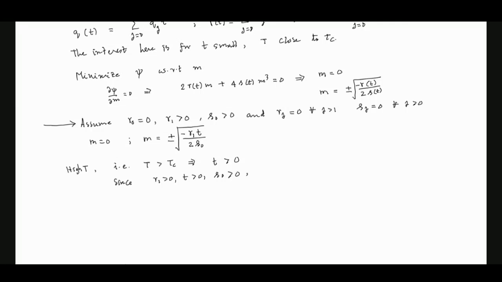Our m is equal to plus minus root of minus R1 t divided by 2 S naught, which is imaginary, not real roots. Basically, these are complex, imaginary roots.